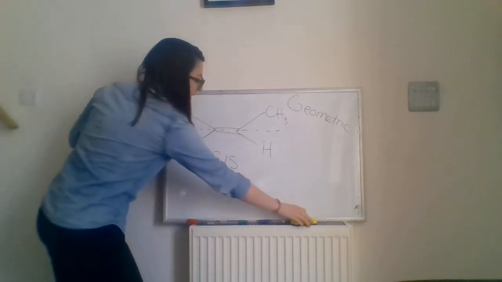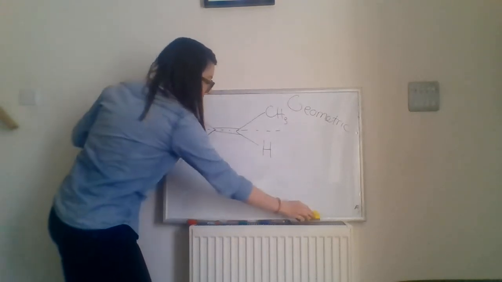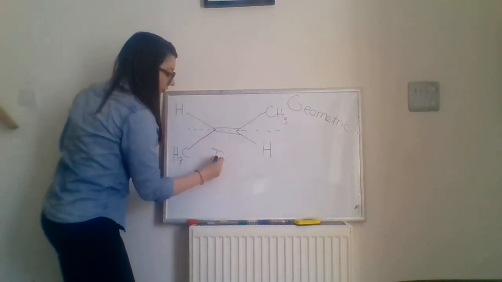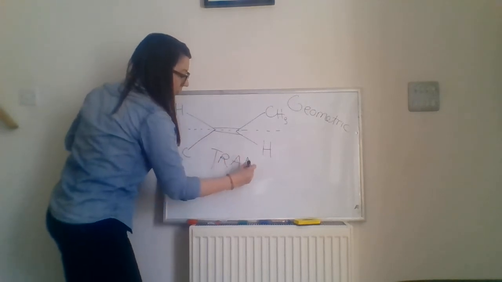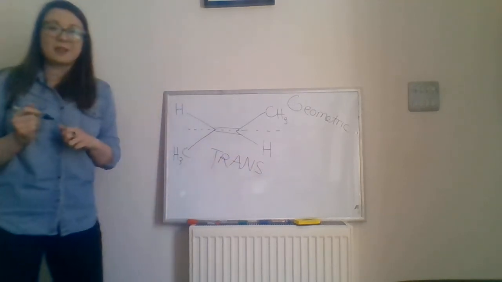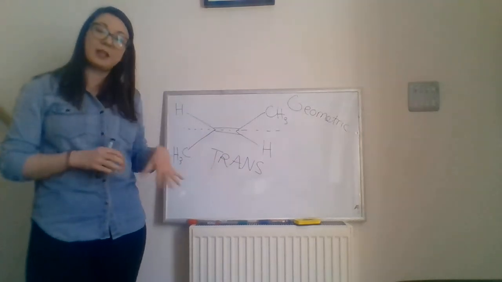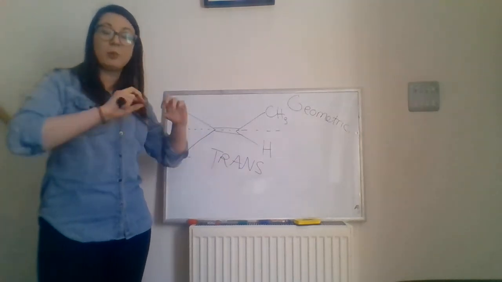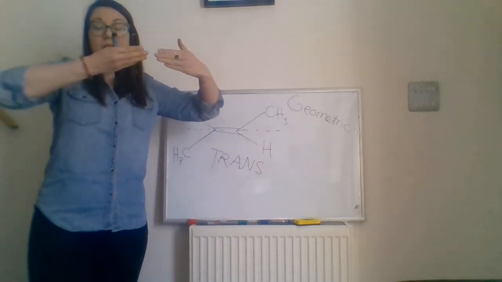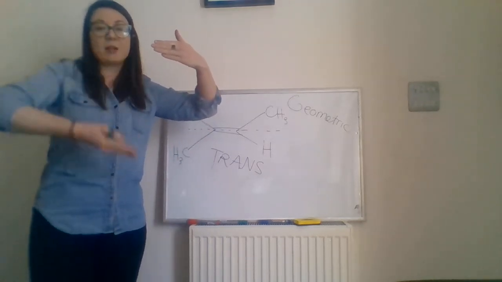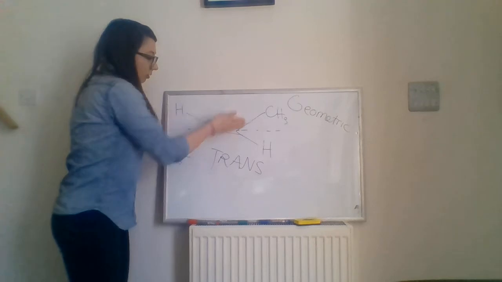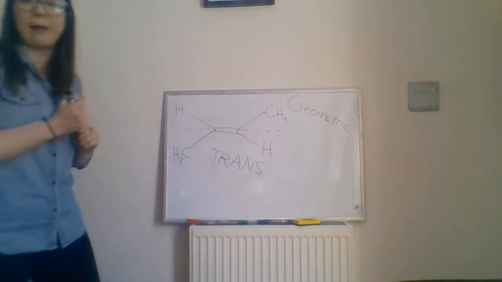And when they're opposite, we say that we have the trans isomer. So these are your geometric isomers: you can have the cis isomer when the 2 groups are on the same side of the double bond, or the trans isomer when they are opposite like that.